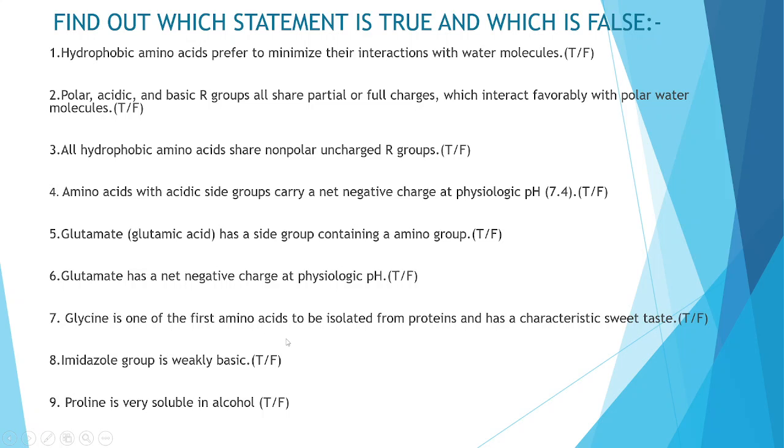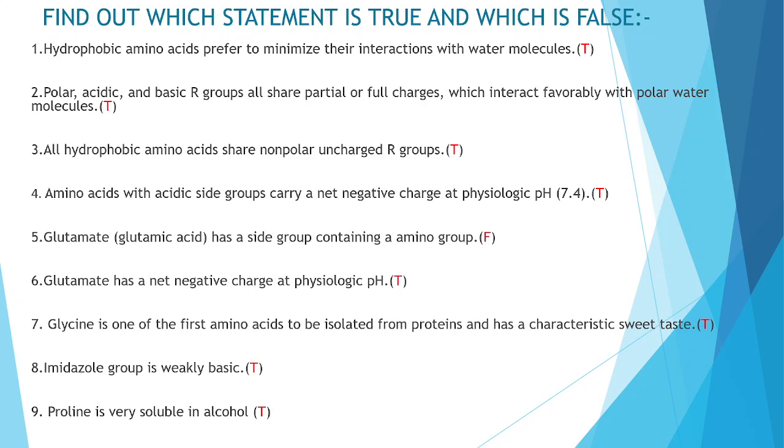Glycine is one of the first amino acid to be isolated from proteins and has a characteristic sweet taste. Imidazole group is weakly basic. Proline is very soluble in alcohol. By now, you might be knowing which statement is true and which is false. So let us see the answer.